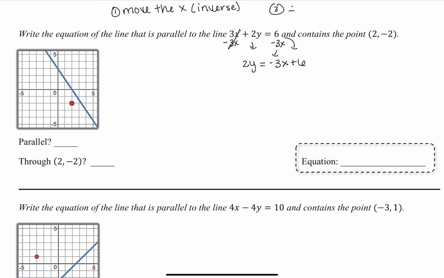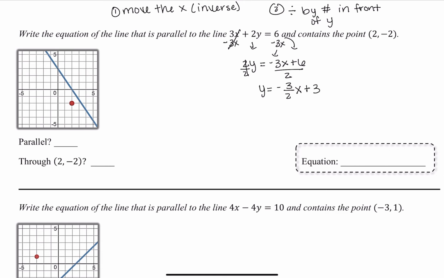Second step is to divide by the number in front of y. The reason we do that is because a number in front of a variable means you're multiplying. Inverse of multiplication is division. So divide by 2, y equals negative 3 over 2x plus 3.